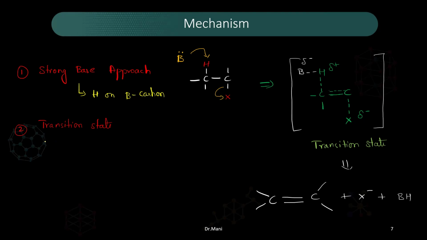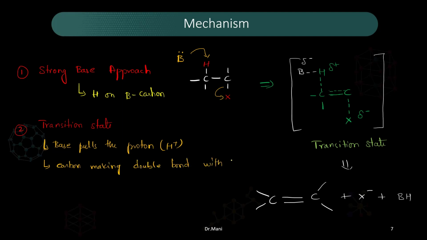Okay. So first, the base pulls the proton, which is nothing but the H plus. Second, the carbon is making the double bond with the other carbon.